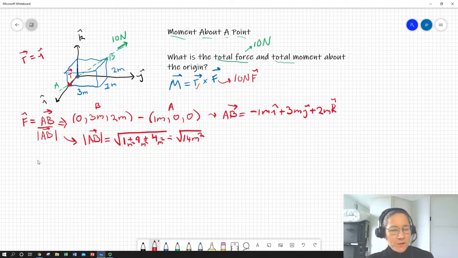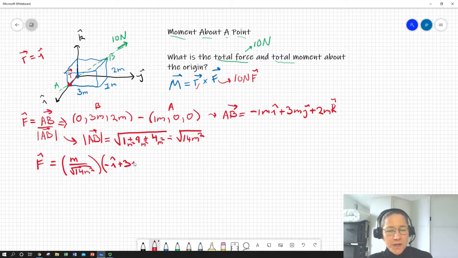Okay, so my unit vector F hat is going to be, I am going to factor out all my scalars. I'm going to have meters up here, and then square root of 14 meters squared. And then I'm going to be left with negative I hat plus 3j hat plus 2k hat.